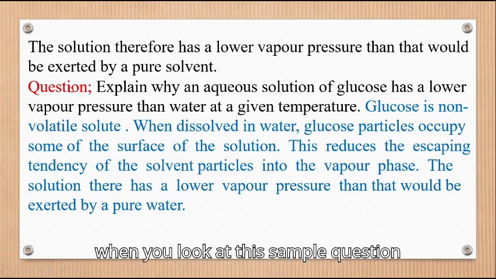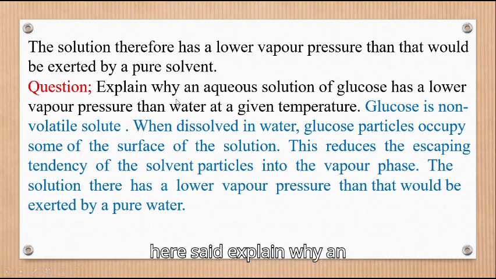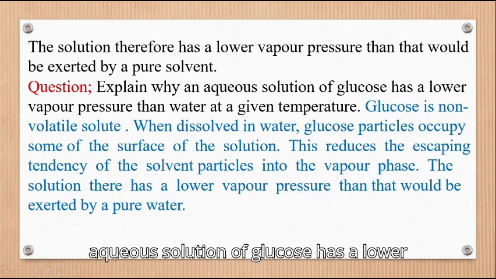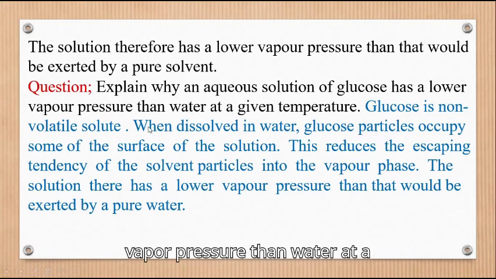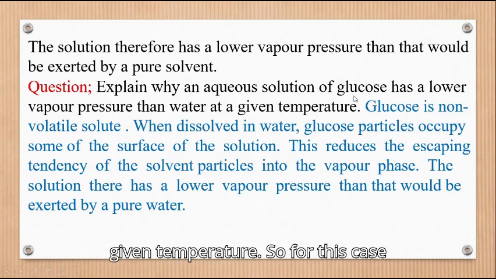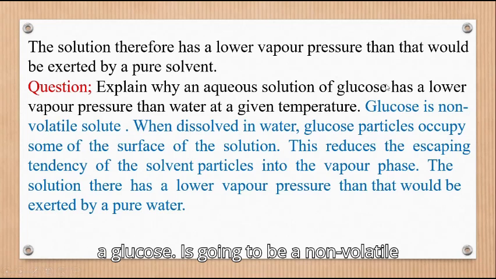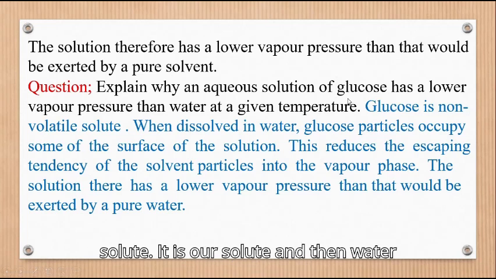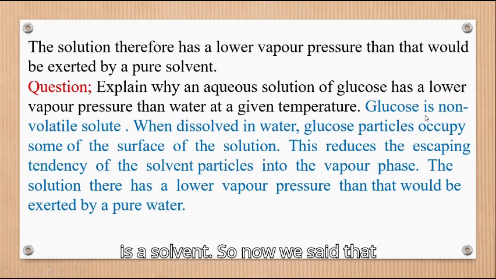Then when you look at this sample question here, it says: explain why an aqueous solution of glucose has a lower vapor pressure than water at a given temperature. In this case, glucose is a non-volatile solute, it is our solute, and water is the solvent.